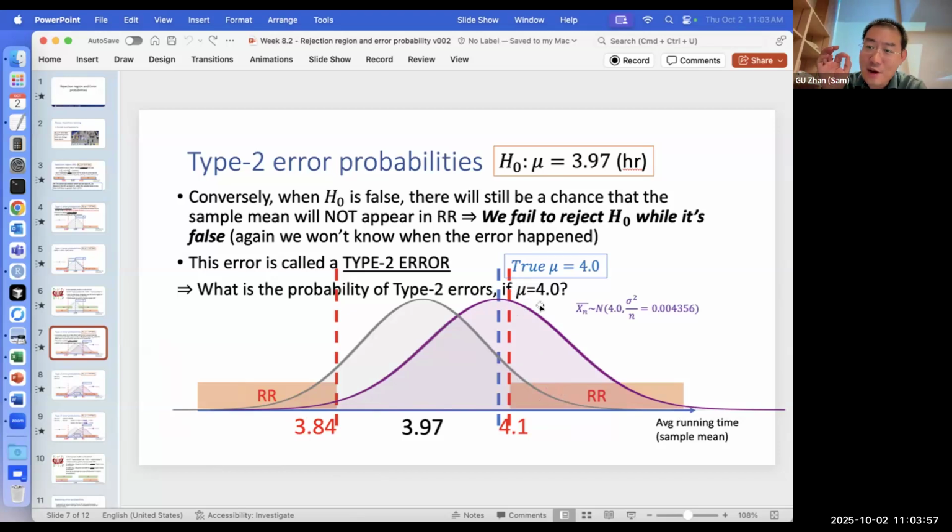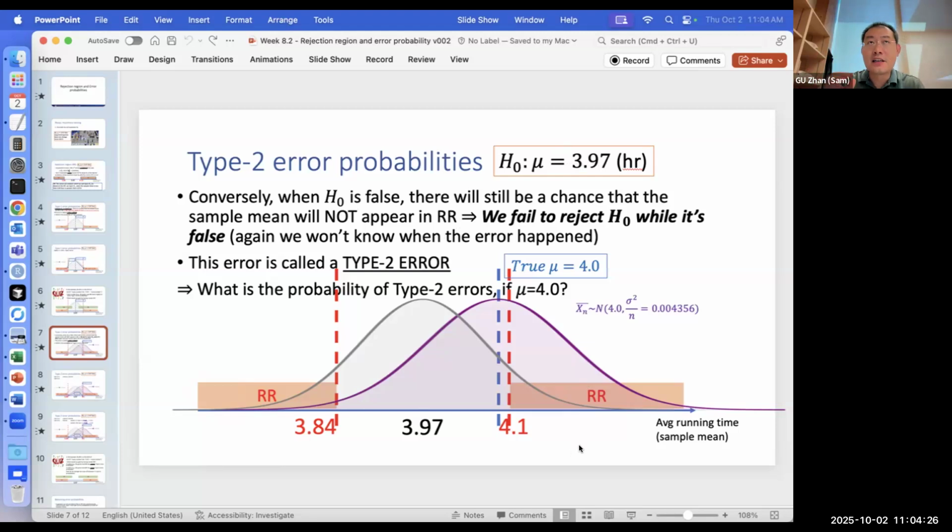If you get 100 runners with an average of, say, 5 hours, and the true mean is 4 hours, the 5 hours will be here. It will be in the rejection zone of the hypothesis H0, mu equal to 3.97. So it got rejected.